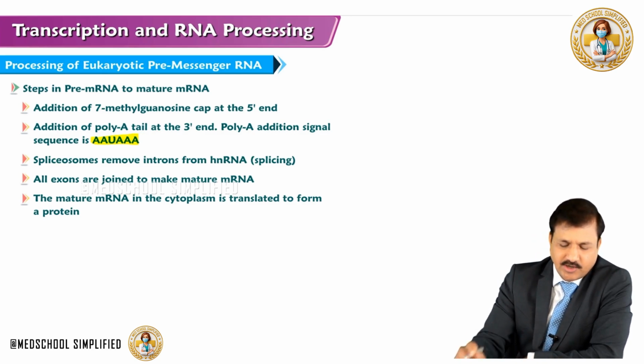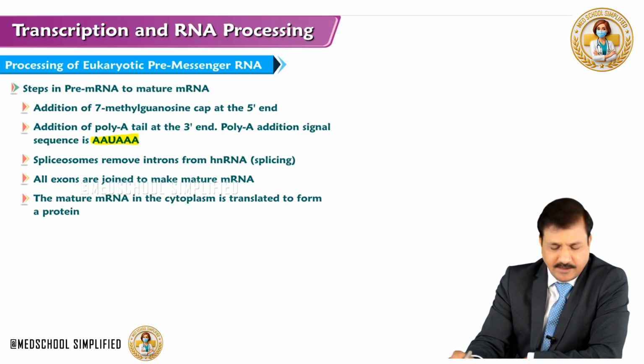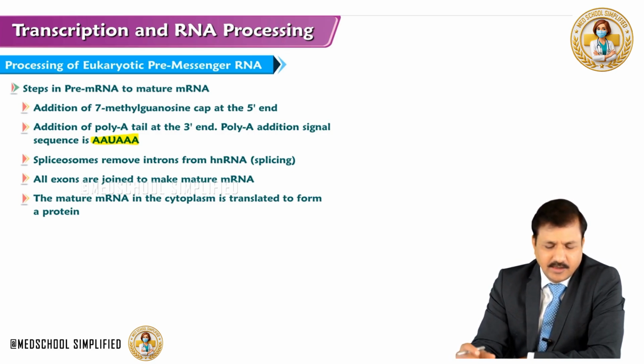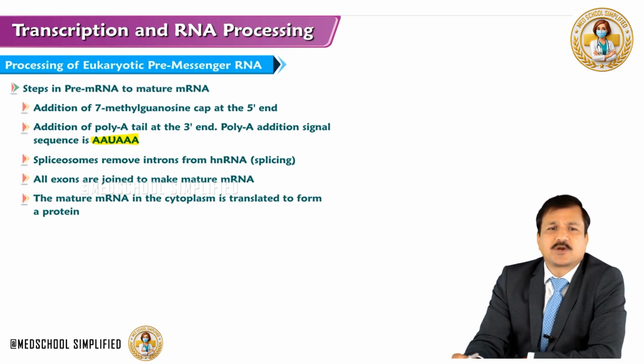All exons are joined to make a mature mRNA, and the mature mRNA in the cytoplasm is translated to form a protein. So this is in brief how a pre-mRNA is processed into mature mRNA.